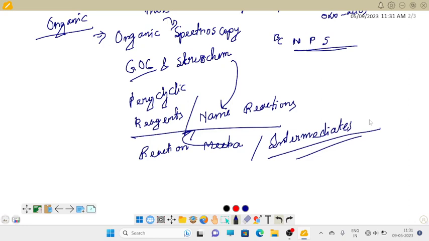But why I didn't choose organic chemistry as the main thing, because organic chemistry is difficult to score in the competitive examination. It's easy to read, easy to forget, because so many exceptions are there.